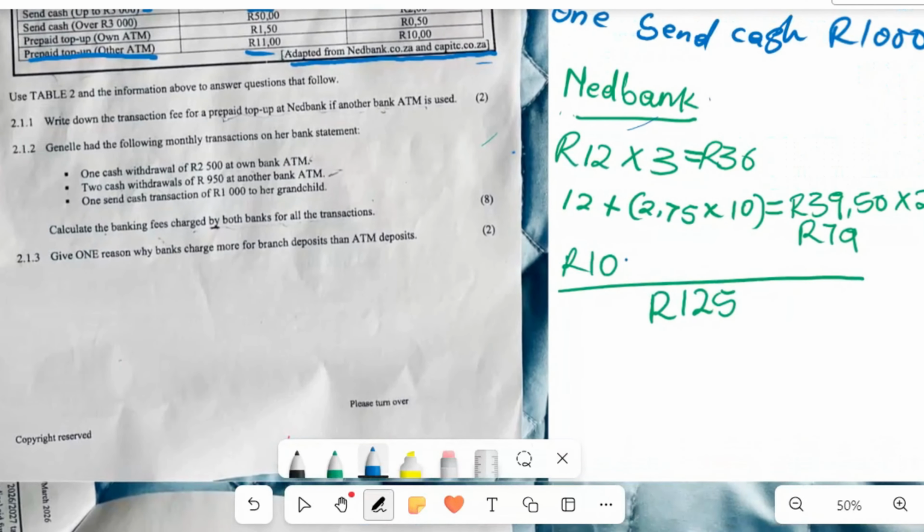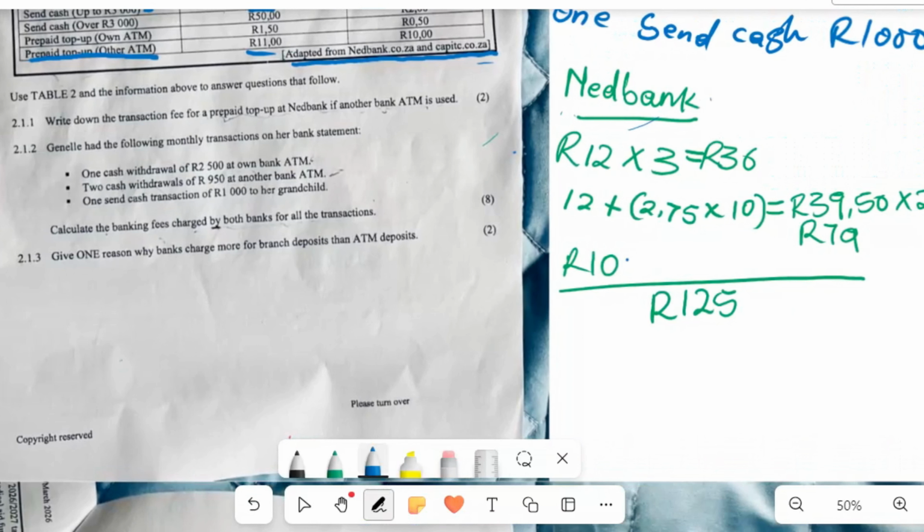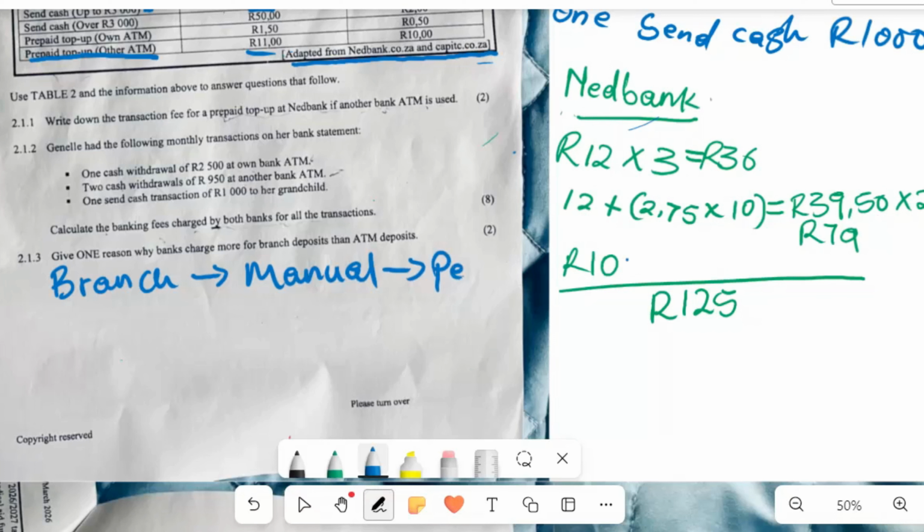And our last question on 2.1 says, give one reason why bank charge more for branch deposits than ATM deposits. That is simply because in the branch it's manual. The deposits are done manually by human beings.